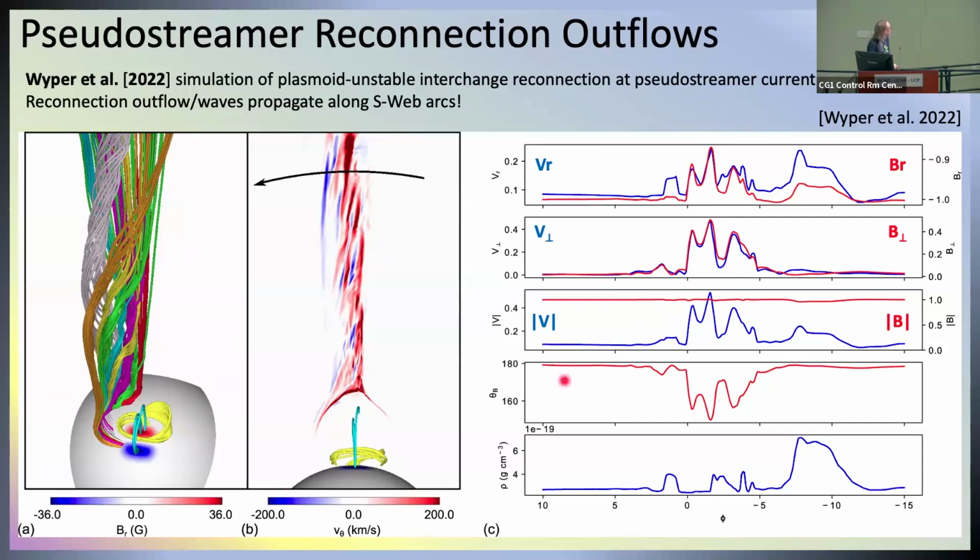So from these simulations, one of the things I would say to the earlier question is the difference between helmet streamer solar wind and pseudostreamer solar wind may be related to this kind of structure. So I'd expect pseudostreamer solar wind to have more twist waves than helmet streamer solar wind.